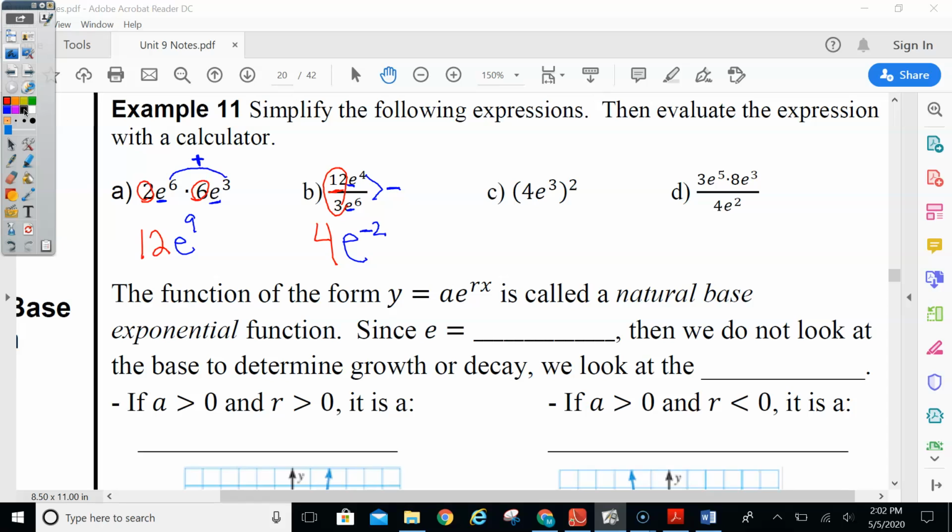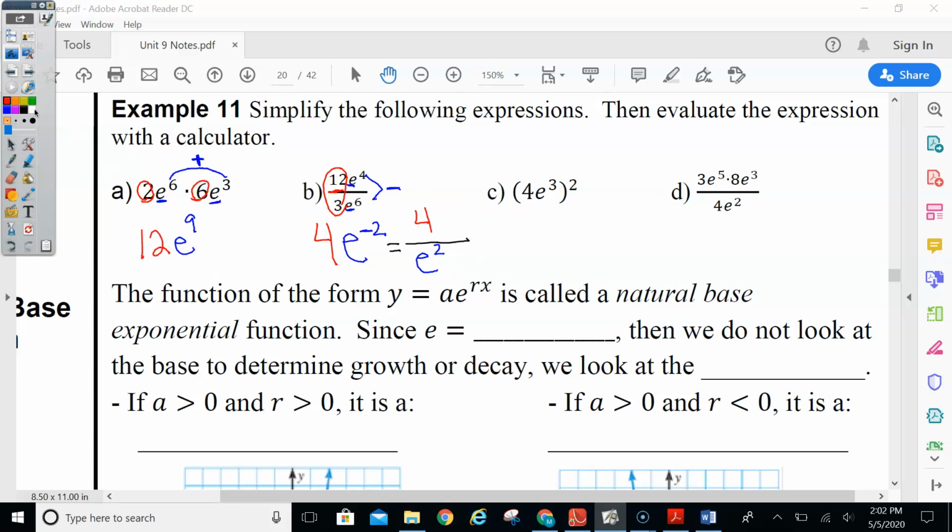Now we don't leave negative exponents there. Remember, negative exponent means the reciprocal of. So this part is going to end up flipping to the bottom and become +2, and then the 4 stays in the numerator. So negative exponents just mean flip to the reciprocal and make it go to the denominator.